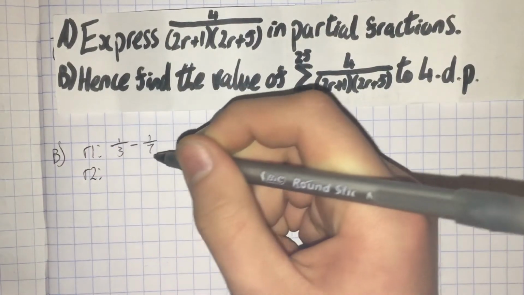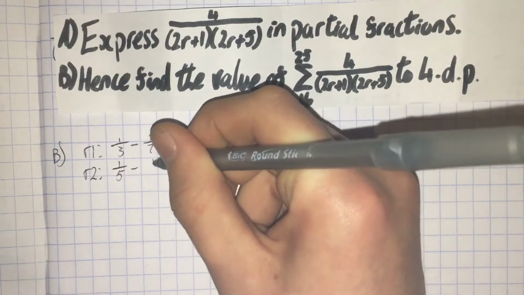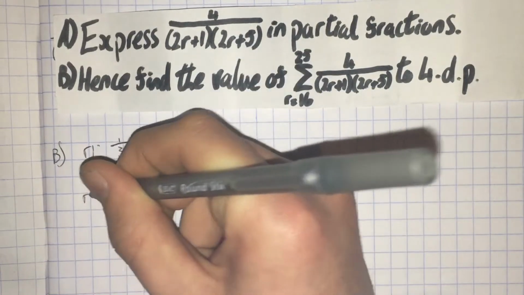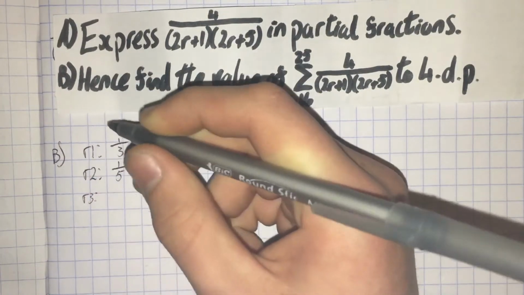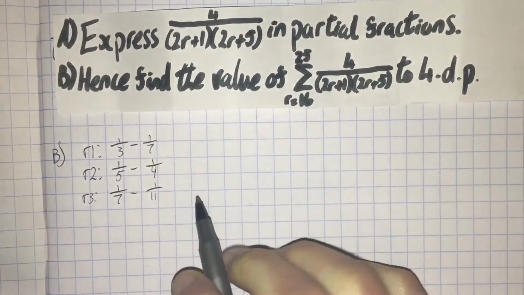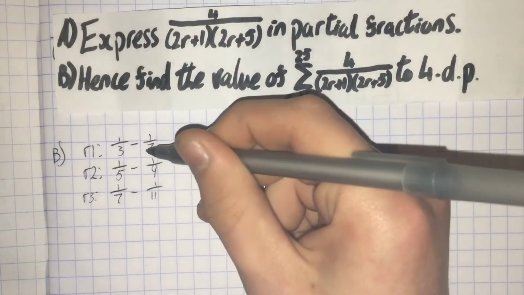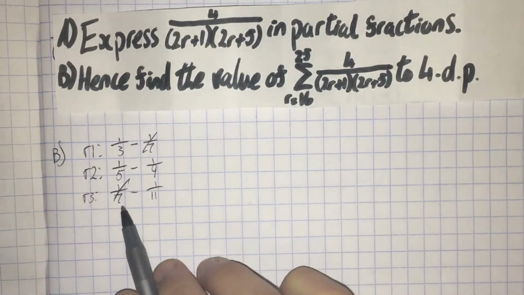When r equals 2, we shall have a fifth, minus a ninth. When r equals 3, we shall have a seventh, minus an 11th. And as you see, terms cancel off. 1/7 here, 1/7 there.